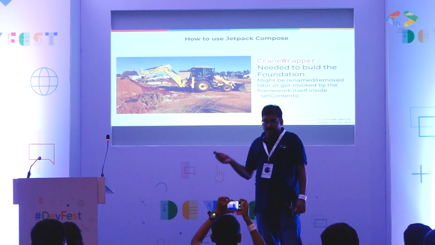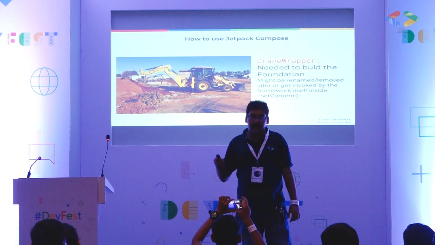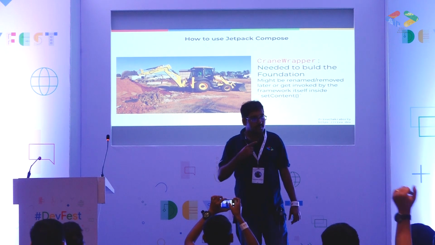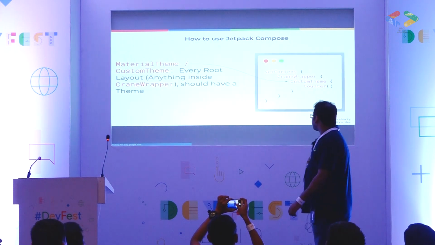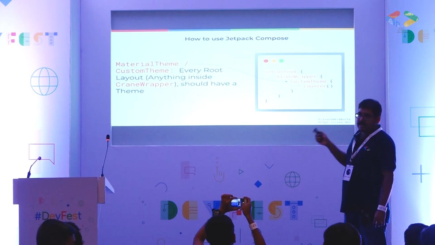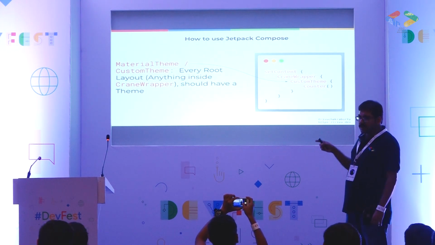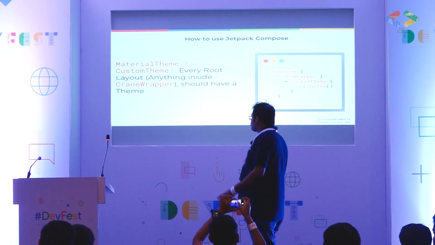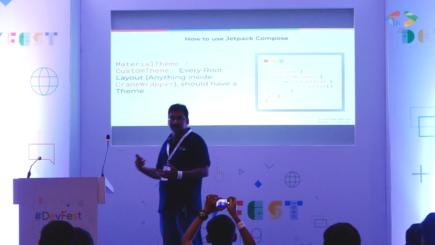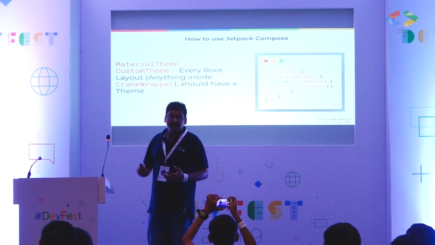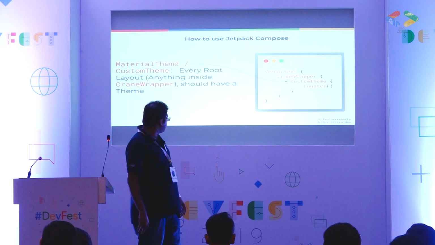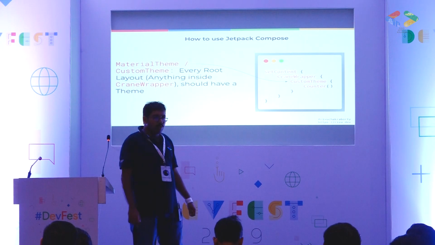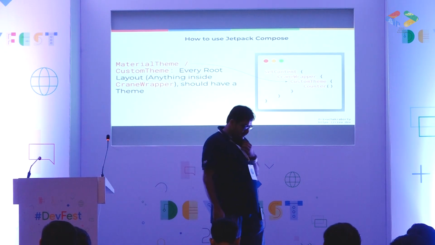It might be removed in future, or it might get wrapped inside the setContent. Inside CraneWrapper we used CustomTheme. So CustomTheme is nothing but we modified the material theme a bit and named it CustomTheme. You can name it whatever you want. Want to have a look at what's inside the CustomTheme?